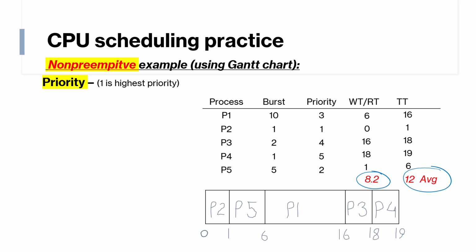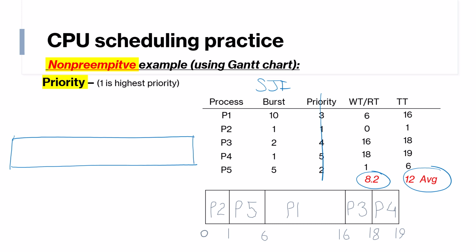And you could say, okay, I'm going to change this and I'm going to practice. I'm not going to give priorities. I'm going to do this same algorithm, I'm going to do shortest job first. So if you wanted to practice doing shortest job first, you would start at time 0. Say they came in this order, so you would have P2 and P4.